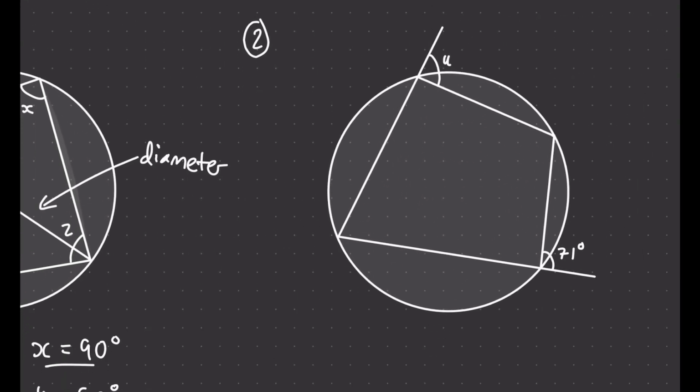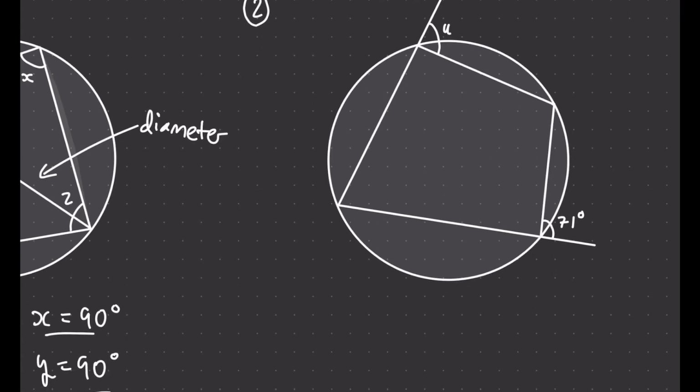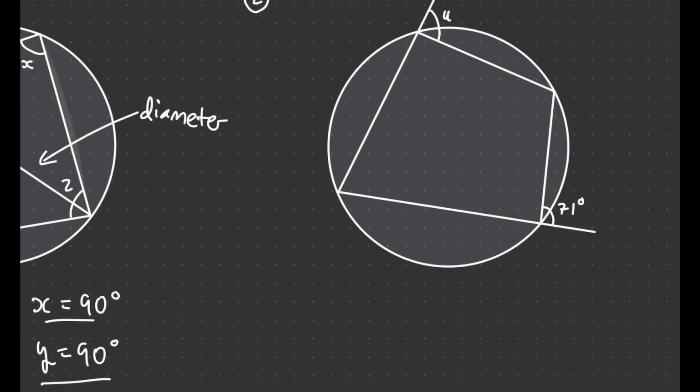We have to find u, and once again we have a cyclic quadrilateral, and to find u, what we want to find is, first of all, we want to find this angle and then do 180 take away that to find u. So to find this, because it's in a cyclic quadrilateral, we can find this one and then they sum to 180 degrees.